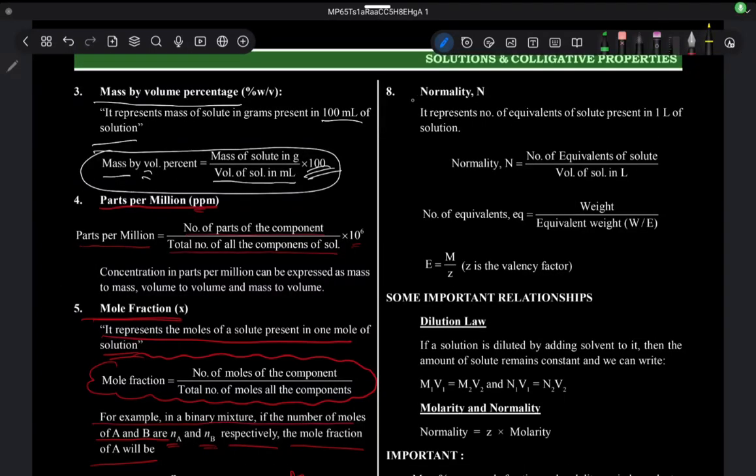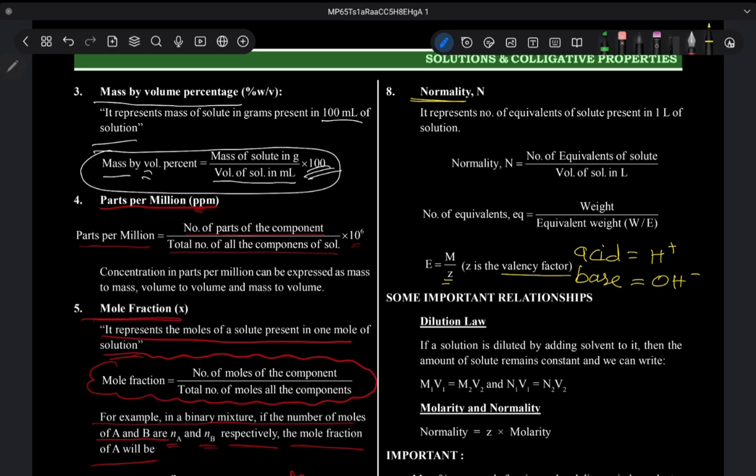Our last concentration term is normality. At first, we have to know what is the Z. Z is actually the valency factor, which acts as the power or active parts of a molecule. For an acid, it's how many H plus ions it can give away, and for a base, it's how many OH minus ions it can give away.